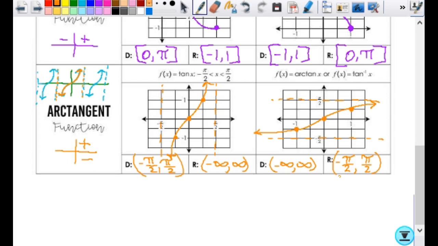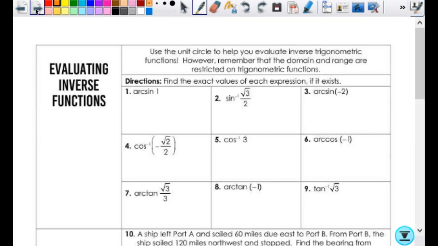Okay, questions at this point? Now, all this stuff is important for the next part that we're about to do. Let's do a quick little recap up here at the top. Okay. So, sine inverse. Graph looks like this, right?